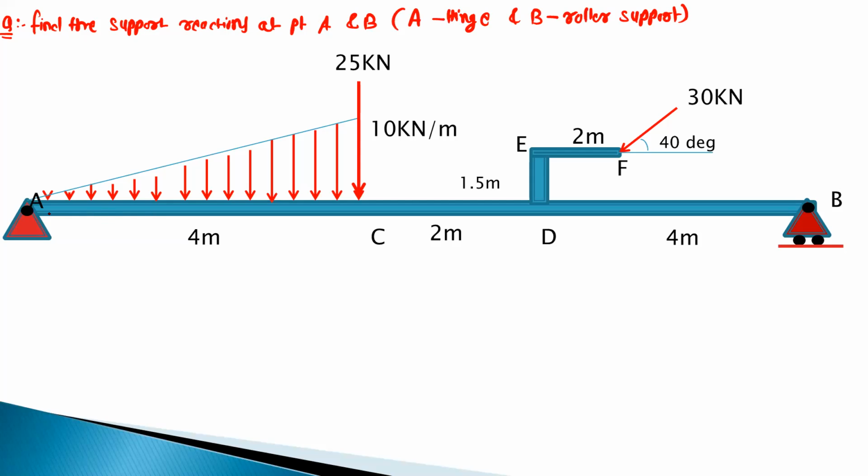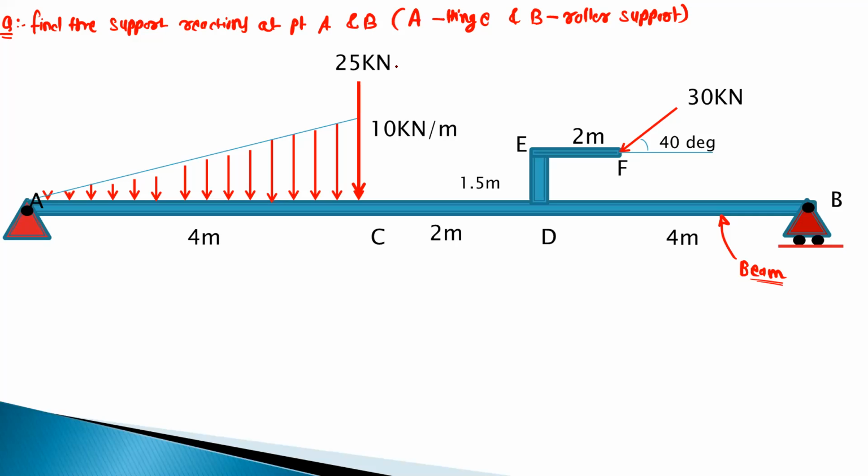So basically, this AB is the beam AB. A beam is the structural member which is used to support different loads. So on the beam AB, there are different loads acting.